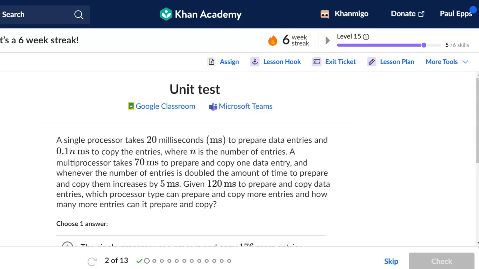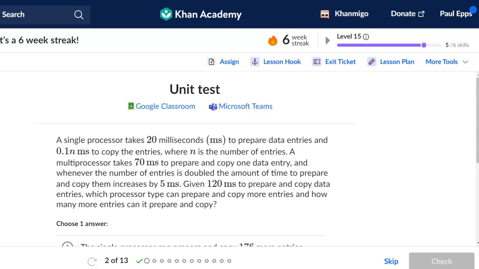If you double the number of entries, the time increases by 5 milliseconds. But I couldn't figure out what that means. Does that mean the second copy is going to take 75 milliseconds? Or are both of the two copies going to take 75 milliseconds? Or the first one is 70, the second one 75?